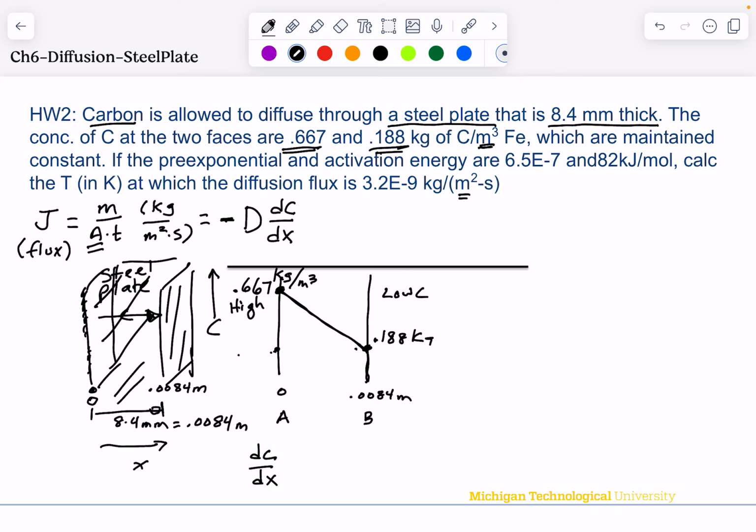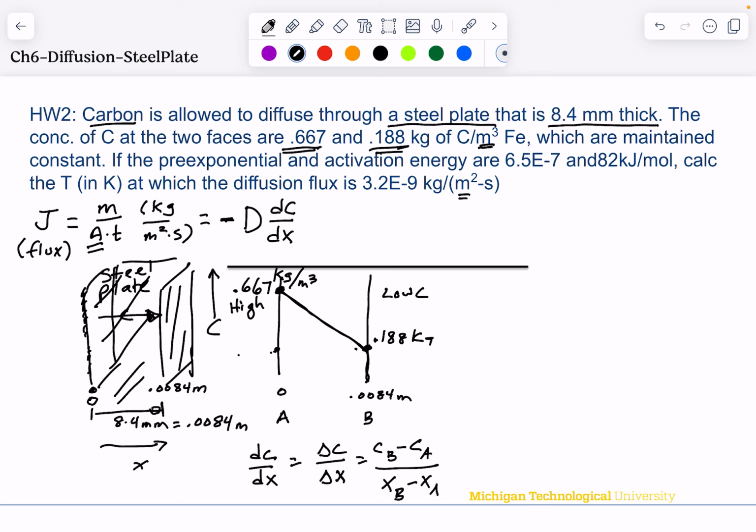when things are at steady state like this and it's a nice linear line, is that we have the change in concentration with respect to the change in distance. And the way to work out what that is, is to take the concentration at one of the points and subtract it from the concentration at the other point, while similarly doing the same thing with the distance.